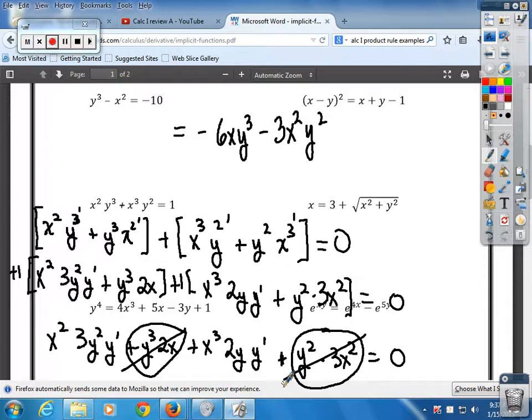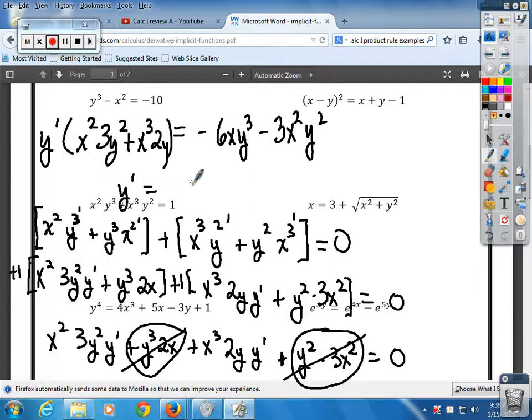And we can factor out the y prime, right? And yes, I'm skipping a couple of steps, but you should be able to do that. X squared, 3y squared, plus x cubed, 2y. So y prime is equal to negative 6xy cubed minus 3x squared y squared over x squared 3y squared plus x cubed 2y.